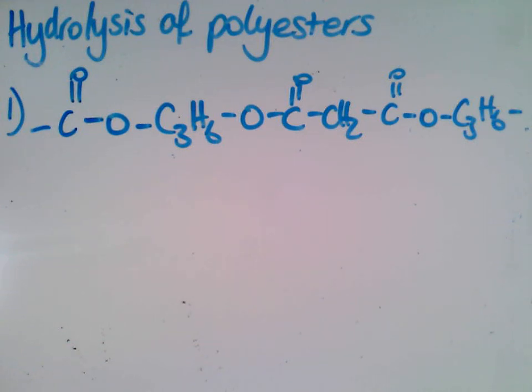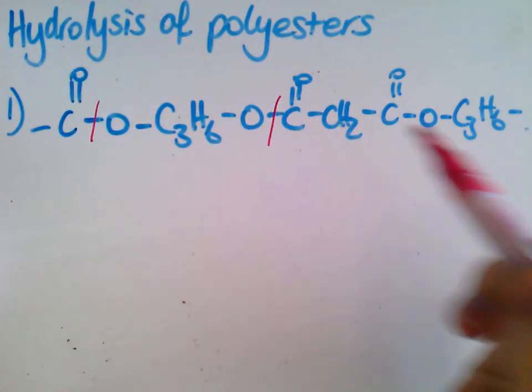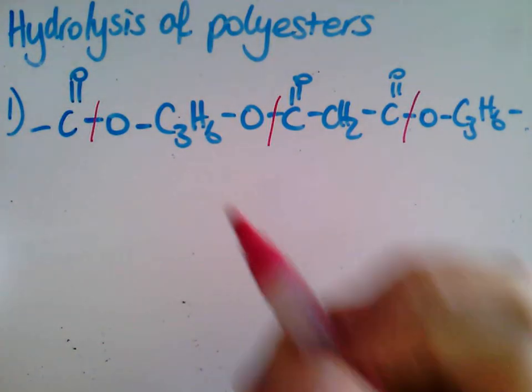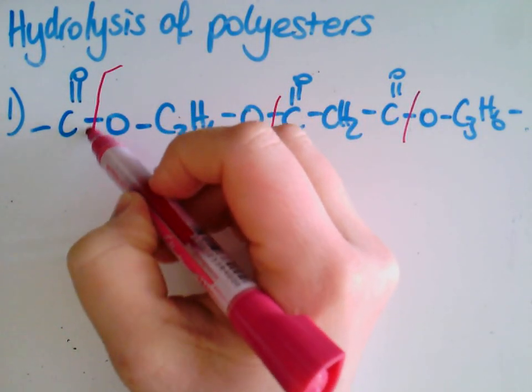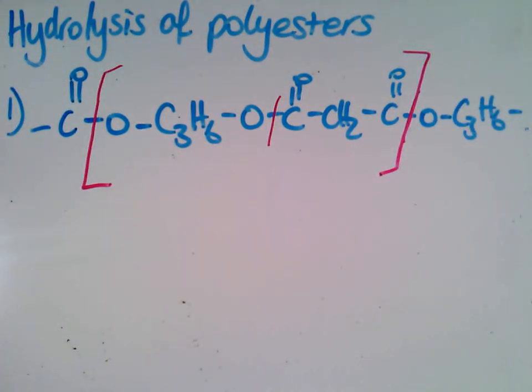So let's start off by identifying where we've got some of those ester linkages. We've got here more than one full repeating unit, so it's going to be important that I identify that as well. So I've got an ester linkage here and here and here, and that means that one full repeating unit is going to essentially be coming through this bracket here.